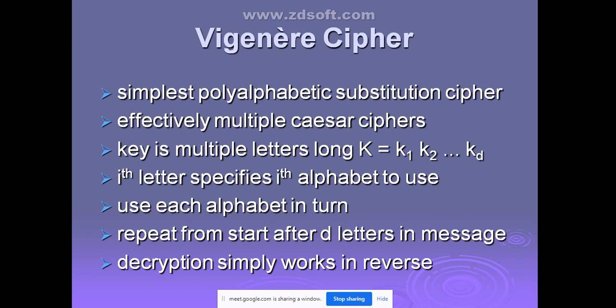Now I will consider the plain text containing characters P0 to PM, for example P0, P1, P2 up to PM. And it is going to come up with a key. The key contains the letters K0 to, for example, KD, having multiple letters, that is K1, K2 up to KD.